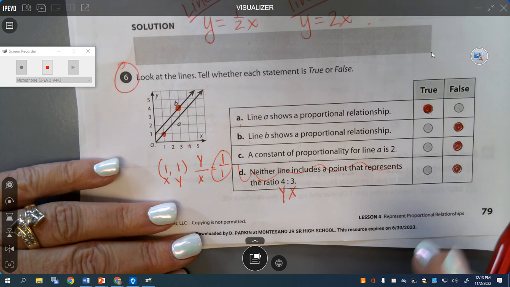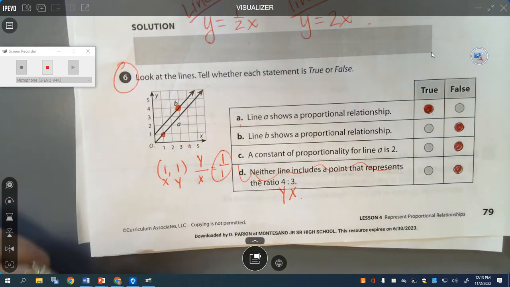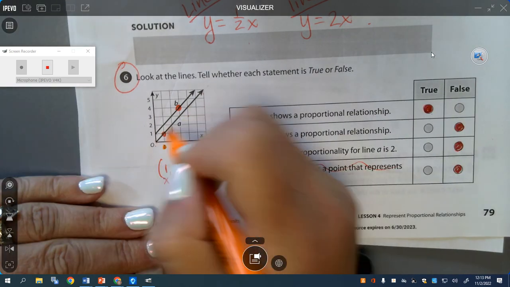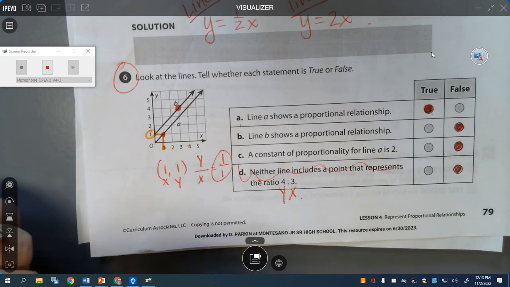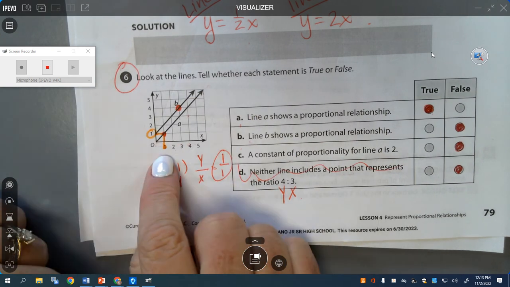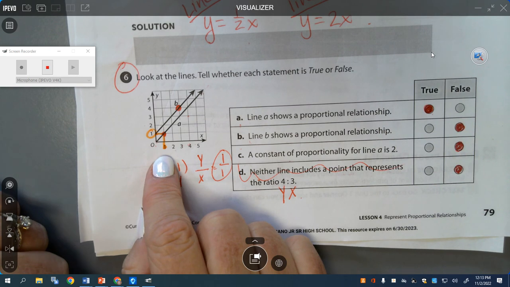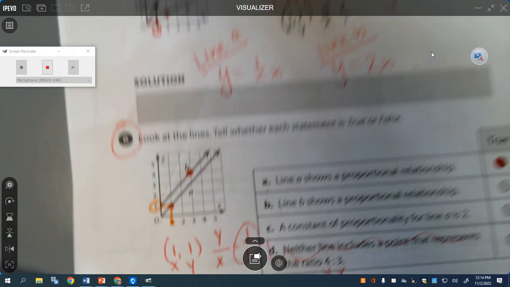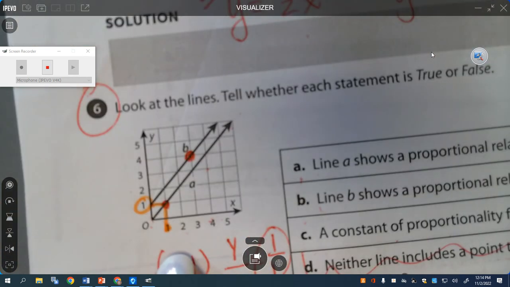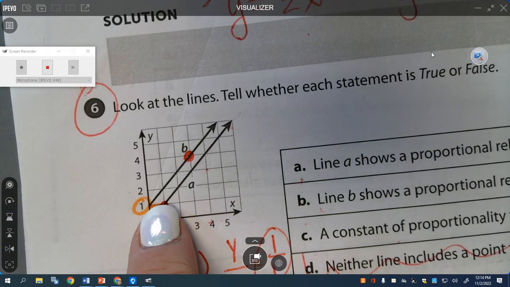Next, the constant of proportionality for line A is 2. Well, watch. Remember what we do? Here's my x value of 1. I go up to the line and go over. What's my y value when x is 1? No, look again. When x is 1, I go up to where the line is. It crosses here. So I go over to the y value.